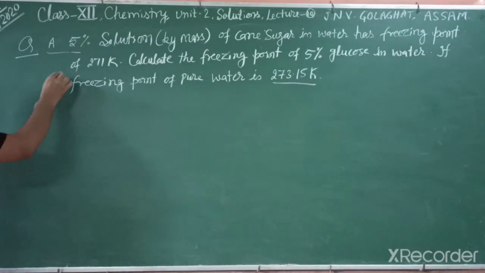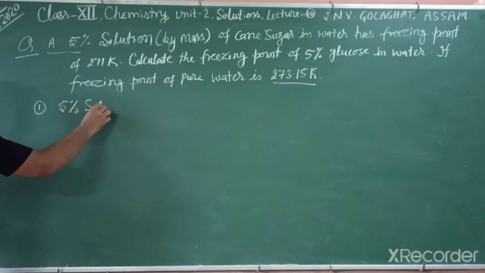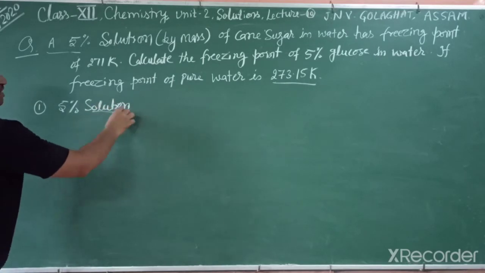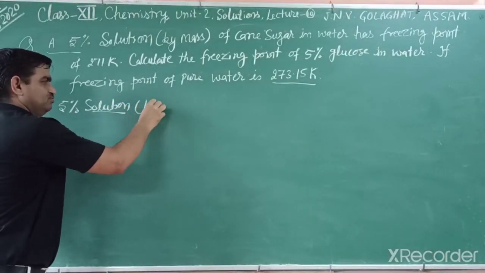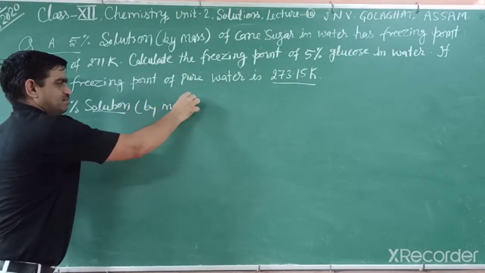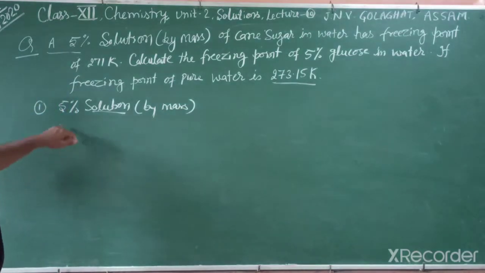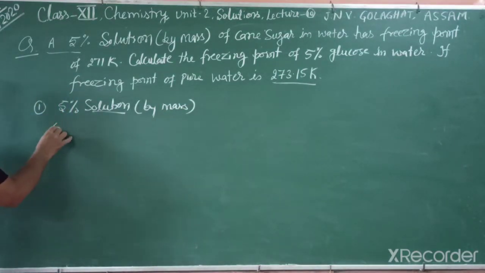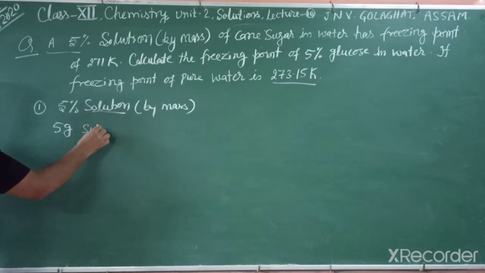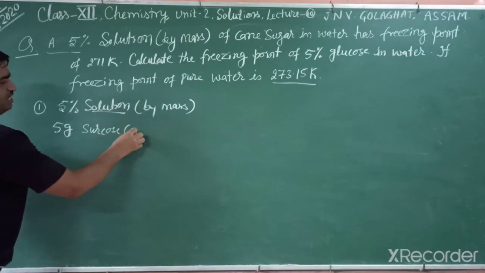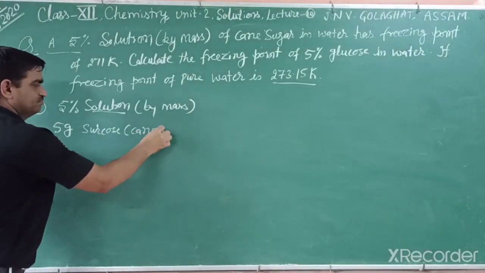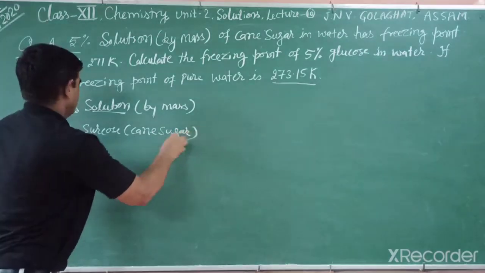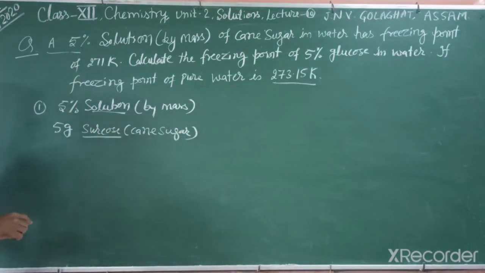First, what does a 5% solution by mass indicate? 5% means 5 gram cane sugar, you can say sucrose, and 95 gram water.